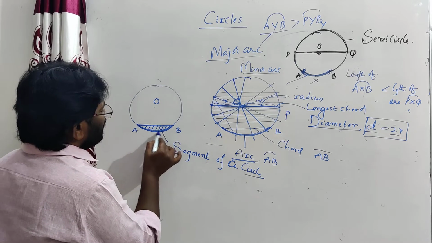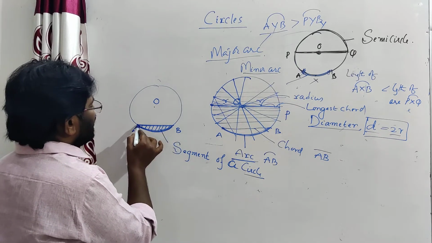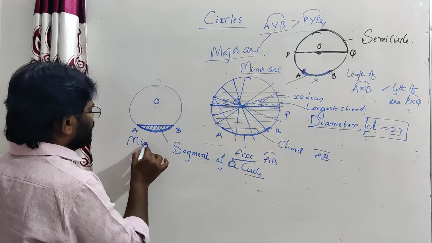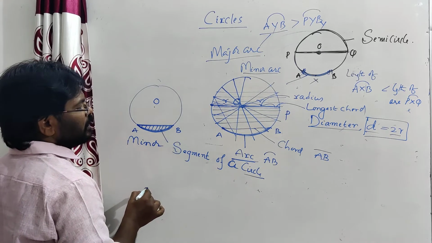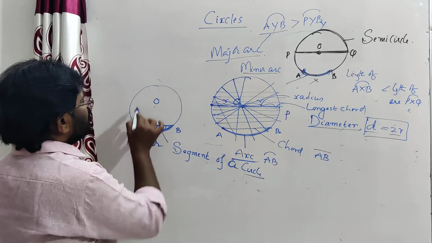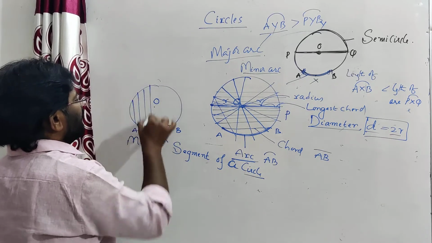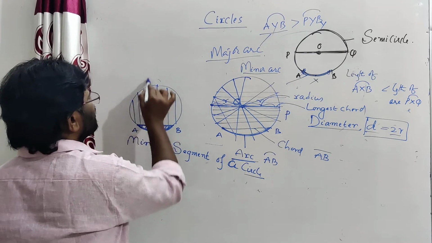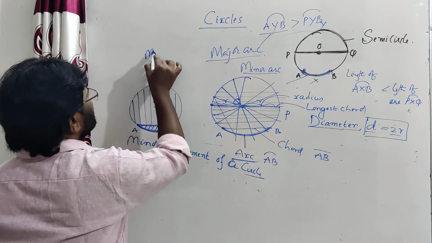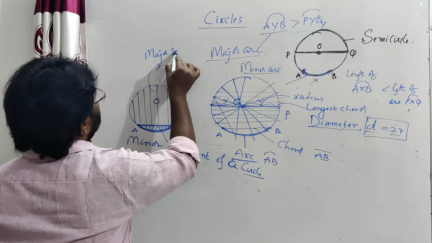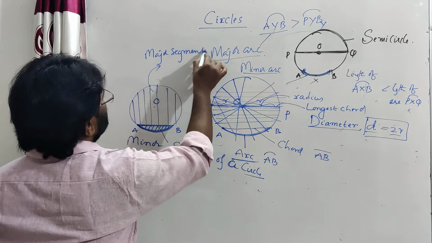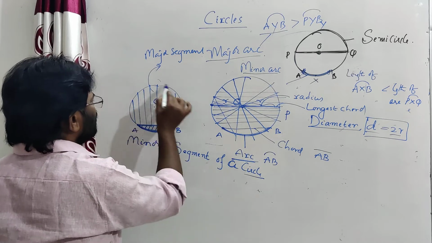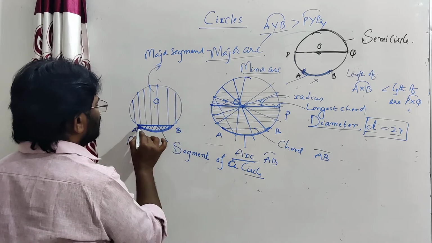Here this is the segment obtained by minor arc. So this is called minor segment. This vertical line I am drawing, see, this is also a segment. This segment is known as major segment, obviously, because this is a major arc. This is a chord.